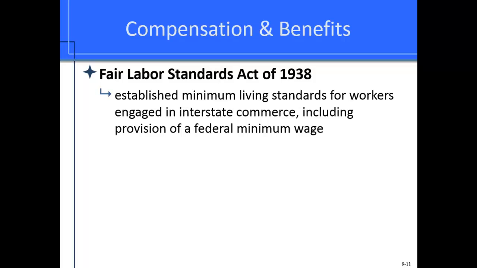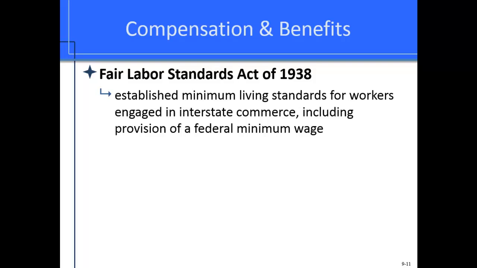And as you go into organizations, you'll probably see that there are sometimes different rules or benefits for overtime, but the Fair Labor Standards Act is established for working more than a 40-hour week.